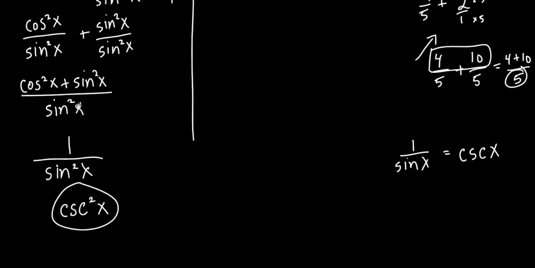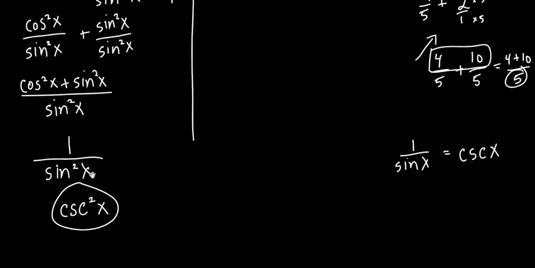Then I look at it and ask, is there anything I recognize from what I've learned? Oh yeah, I got one of those boxes that has cosine squared plus sine squared. And what was that equal to? It was equal to 1. So I replaced that with a 1, and that's over sine squared.